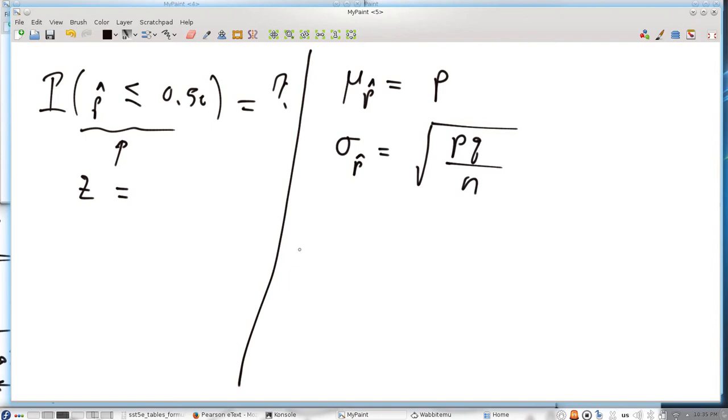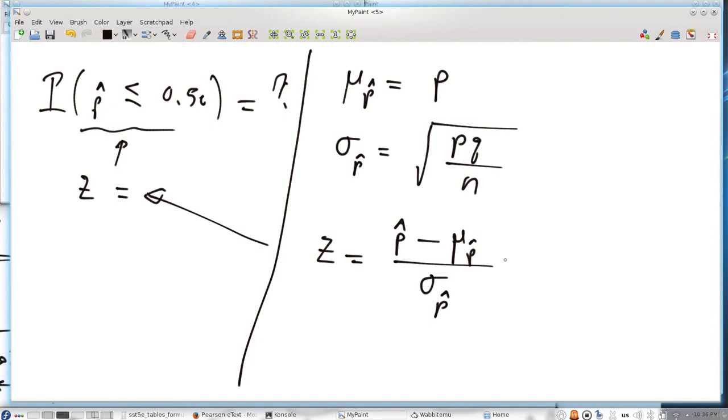The translation of the general curve to the standard normal curve has this expression, z equals p hat minus mu of p hat divided by sigma of p hat.